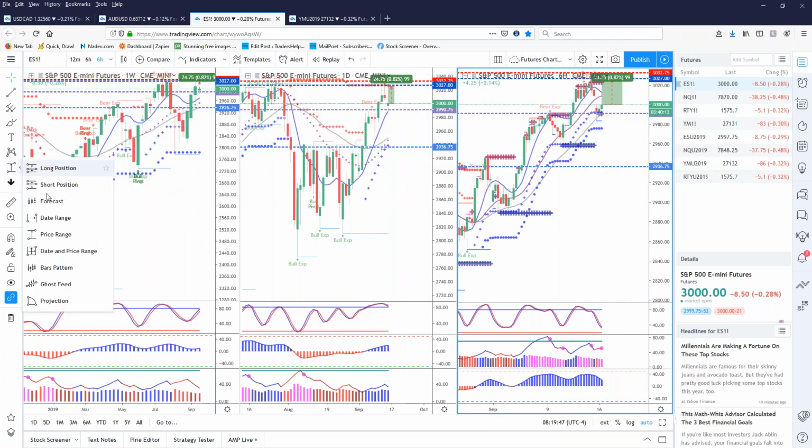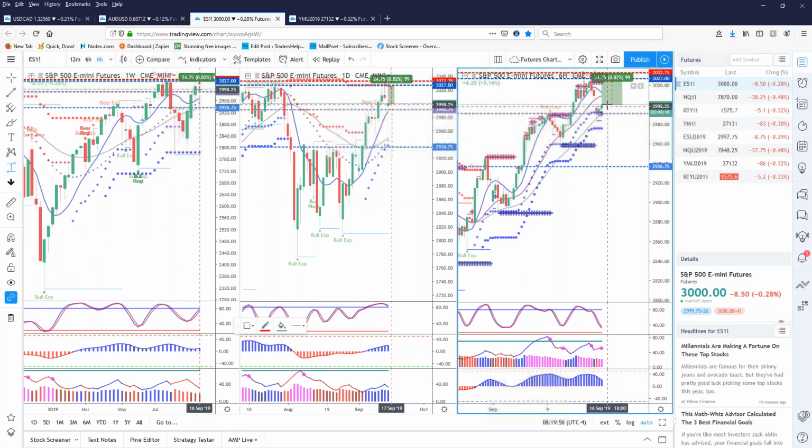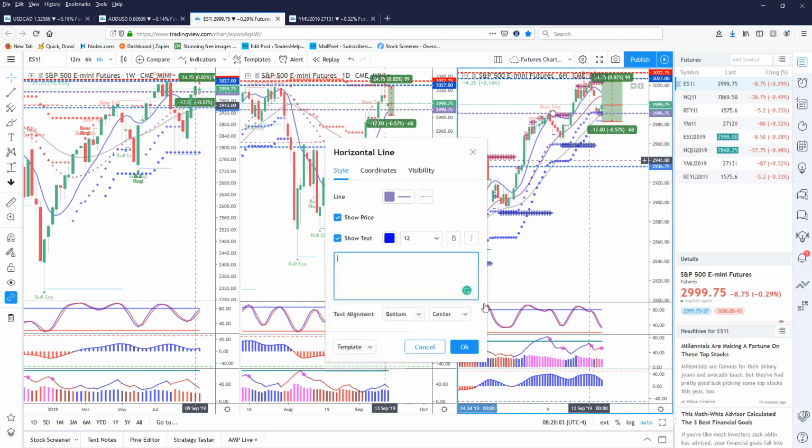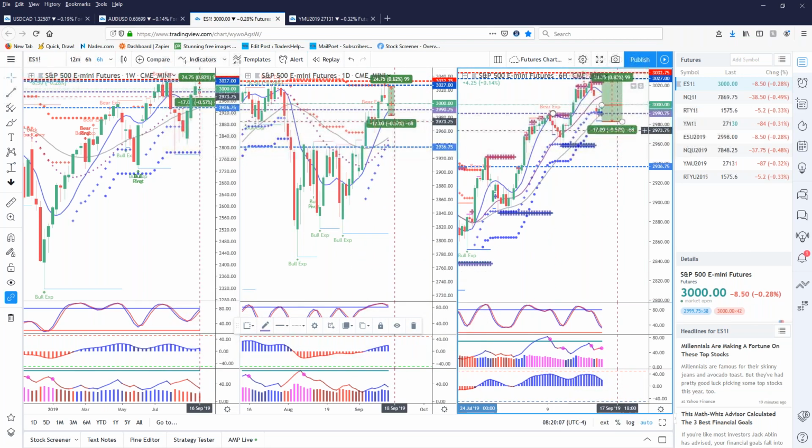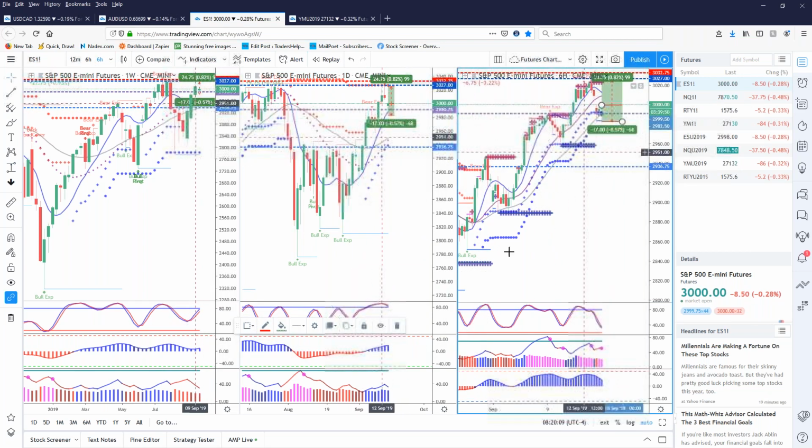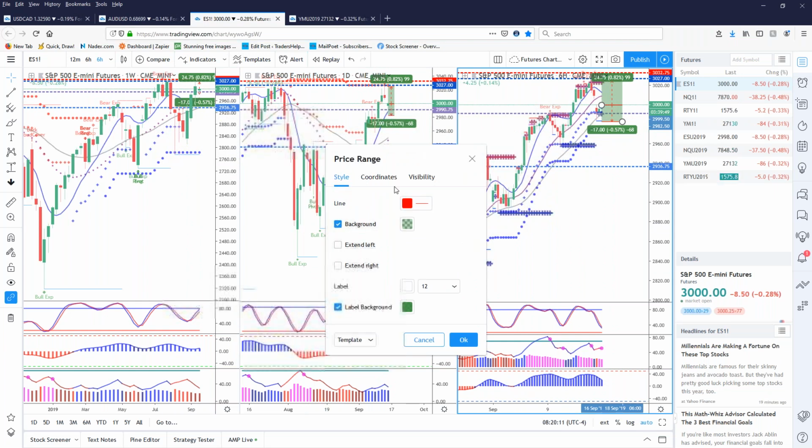What would your risk potential be? And your risk potential would be from here actually to this low here. Okay. So that's your risk potential. Okay. And let's see. Let's color this red.